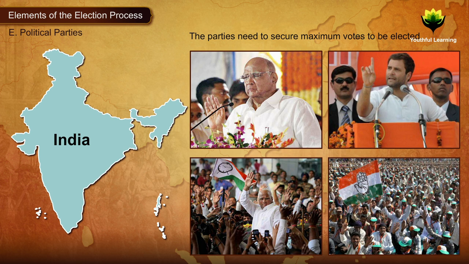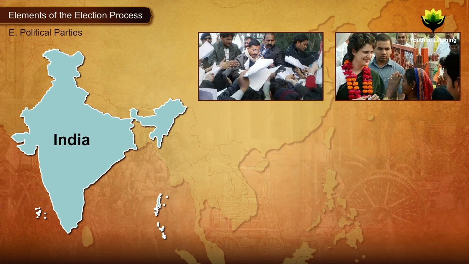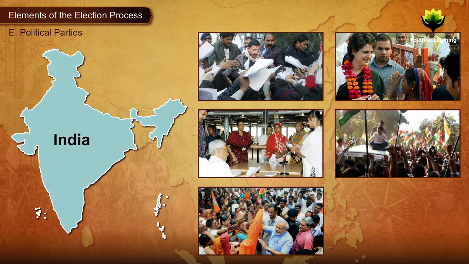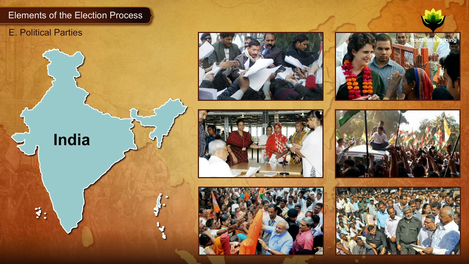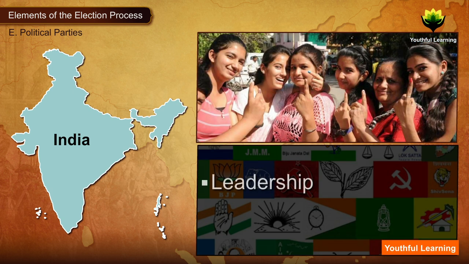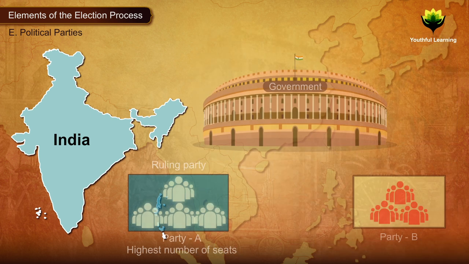That is, they need to have support of the majority of the voters. Therefore, the parties need to work to solve problems of the people and win their support. The voters may support a party depending on its leadership, programs, ideology, and its candidates.